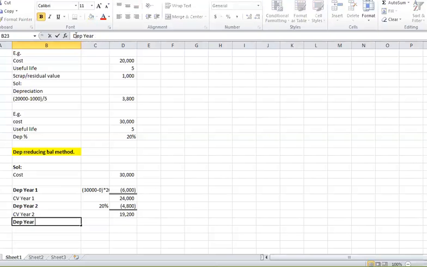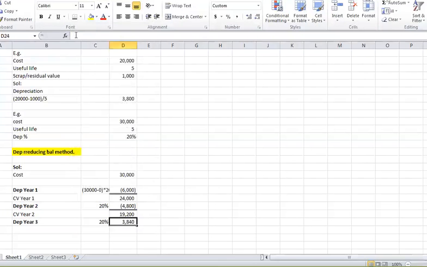When year number 3 comes, we will charge depreciation on carrying value, and once again it would be 20%. What is opening carrying value? 19,200, and we will charge depreciation on opening carrying value, and this will be your closing carrying value. Students, if you have any confusion, you can ask.